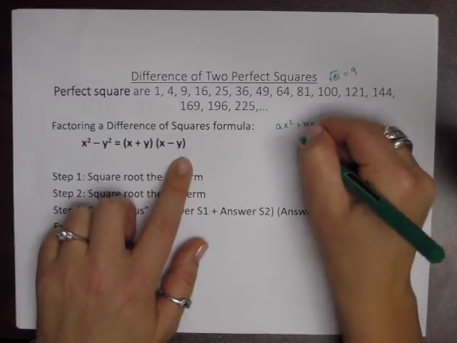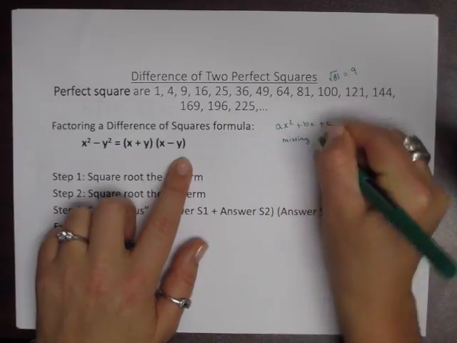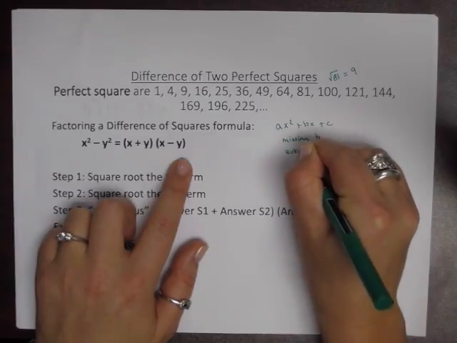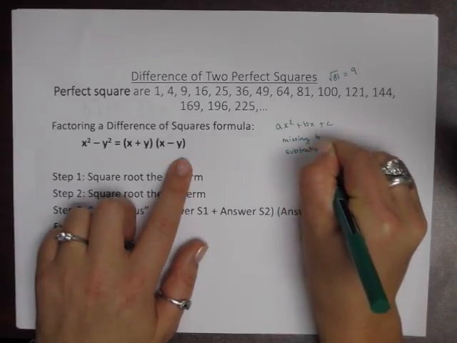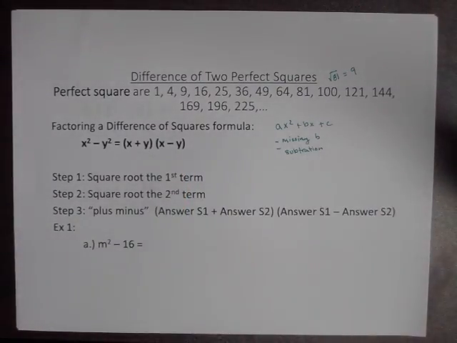The first thing that I notice is I'm missing my b, and that it's going to be a subtraction problem. If it hits those 2 things, and they're perfect squares, then I know that I can apply my difference of perfect squares formula.